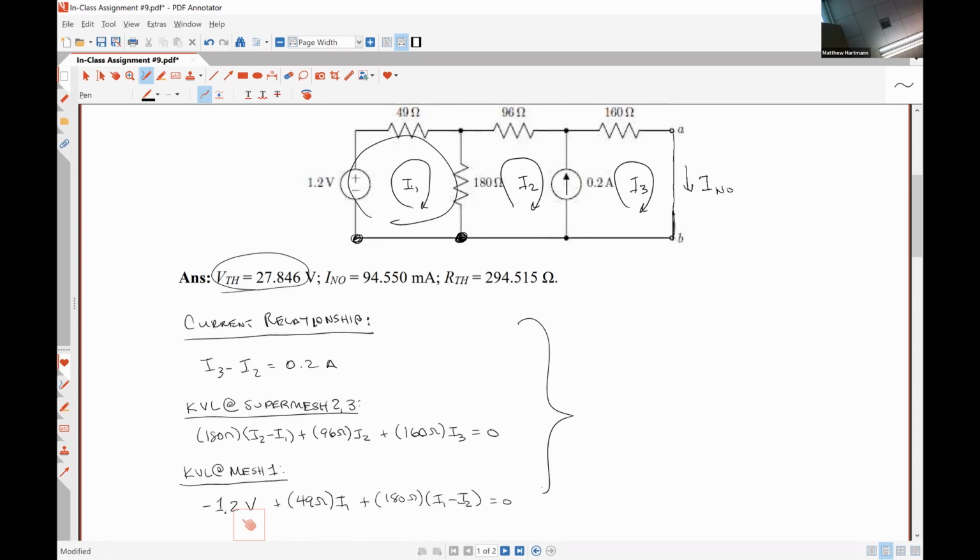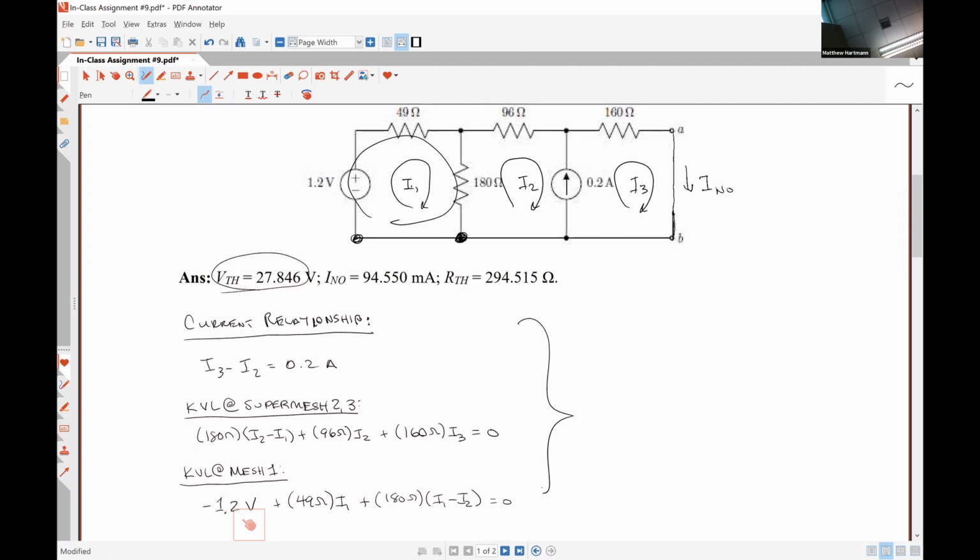And now we can solve these 3. So I have a 3 by 3 system of equations. In equation 1, my coefficient for I1 is 0. My coefficient for I2 is -1. My coefficient for I3 is +1. And my constant term is 0.2.